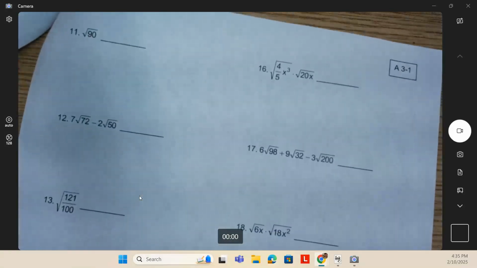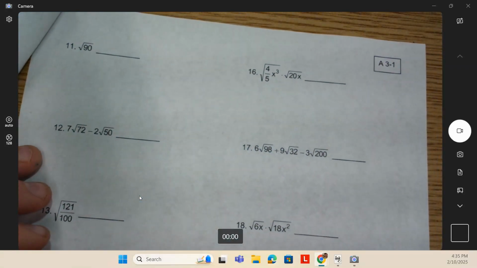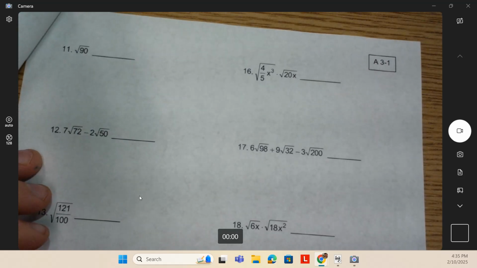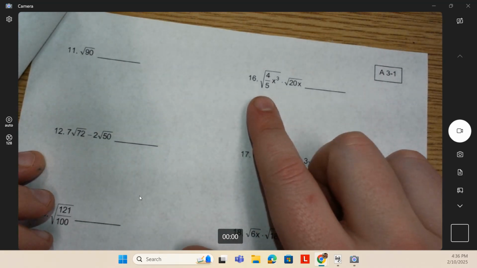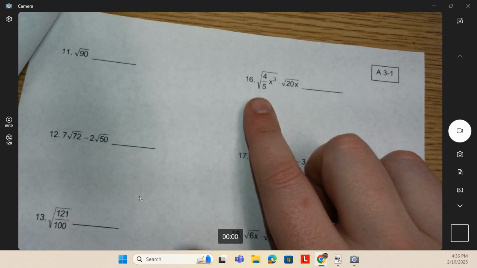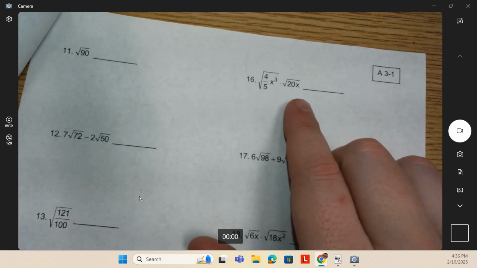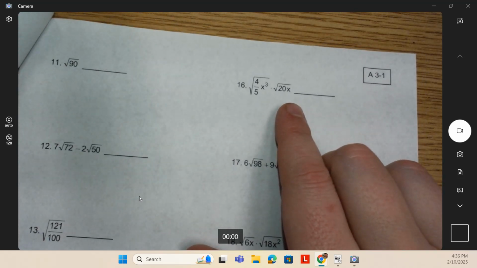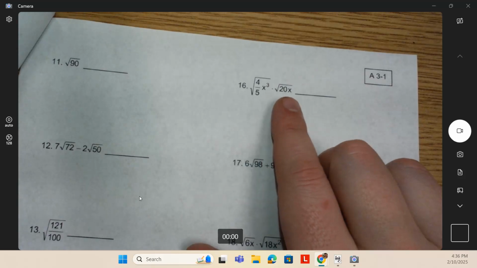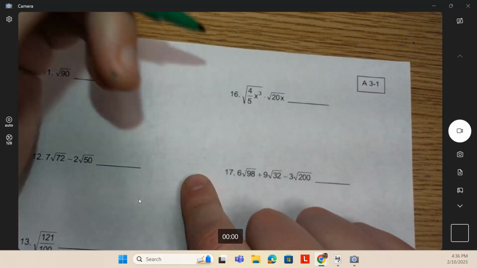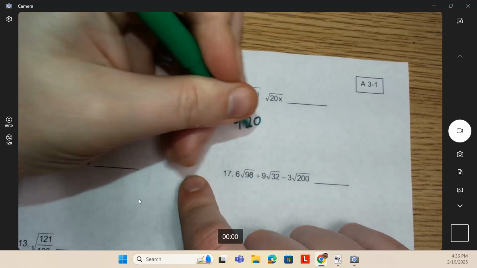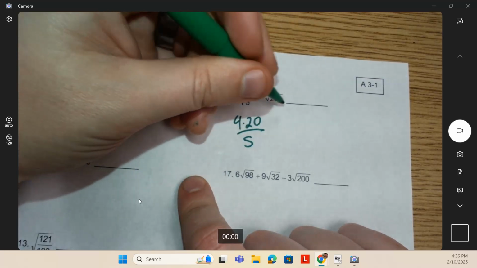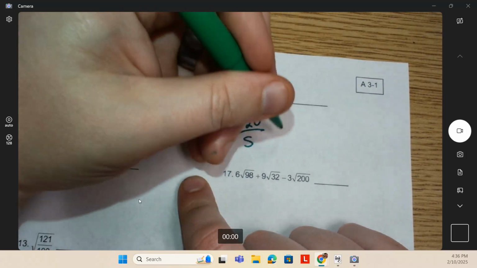Looking at the other page, again, working in the same way with the fractions. As I'm splitting that up, for this one, it'd be beneficial to multiply. So when I combine that 20 and 4 here, I'd get 4 times 20 over 5, and then x to the third with another x.